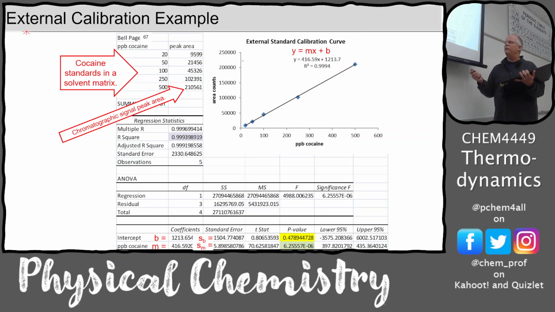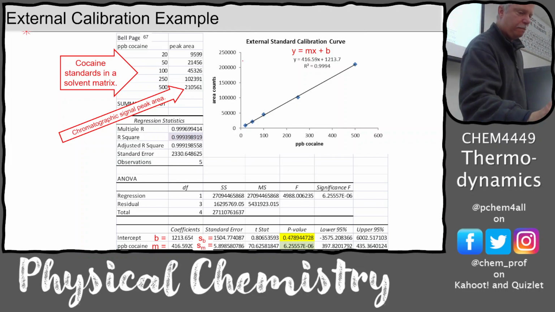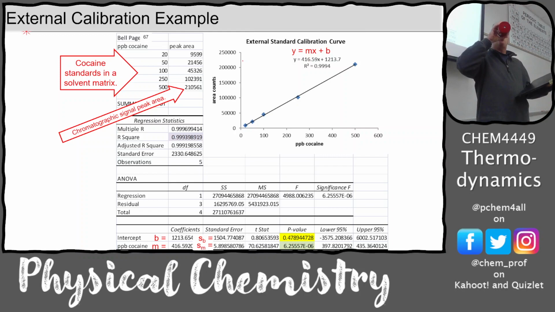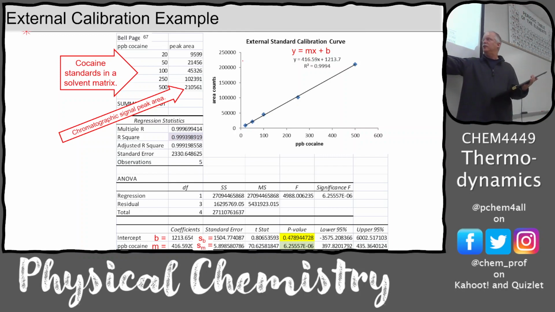So I've highlighted the P values, and can you recall what those tell you? One is yellow, the other is green.